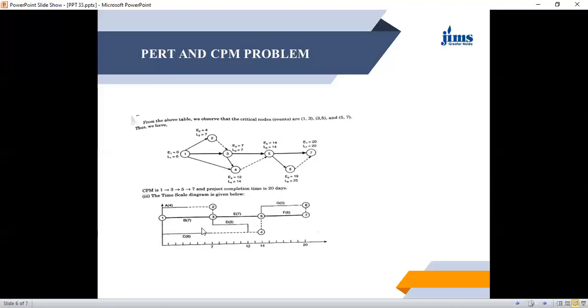So this is a time scale diagram. With this another example, we have understood all the calculations of CPM, the critical path method. In the next class, we are going to discuss probabilistic time estimates of PERT. Okay, thank you for today. So we stop it here.